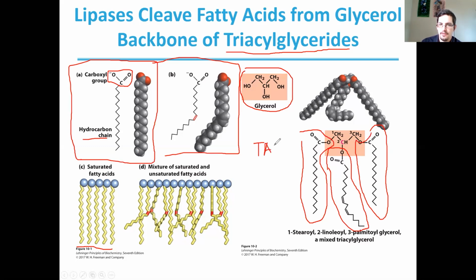So we have TAGs, and we have DAGs, and then monoacylglyceride, depending on how many fatty acid chains you have attached to that glycerol backbone.